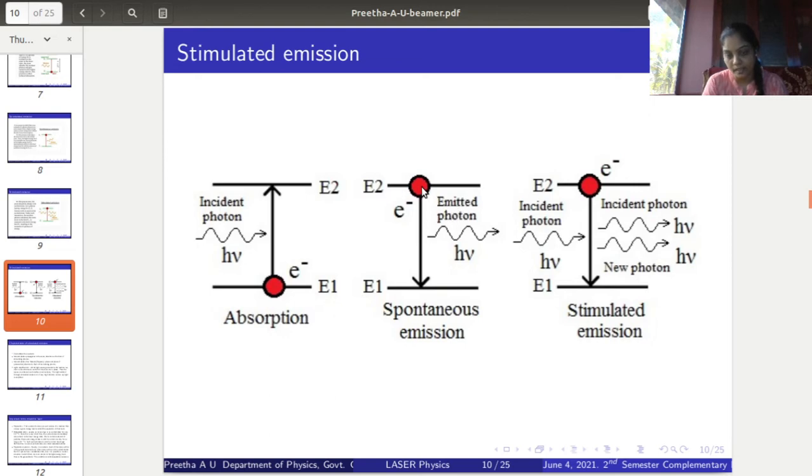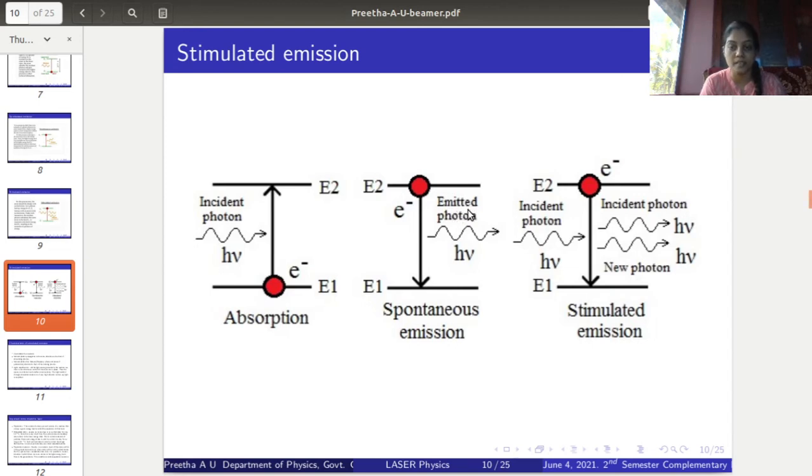So the excited atoms can come to an energy level somewhere between these two levels, where they can stay for more time, a lifetime of the order of 10 to the power minus 3 seconds.